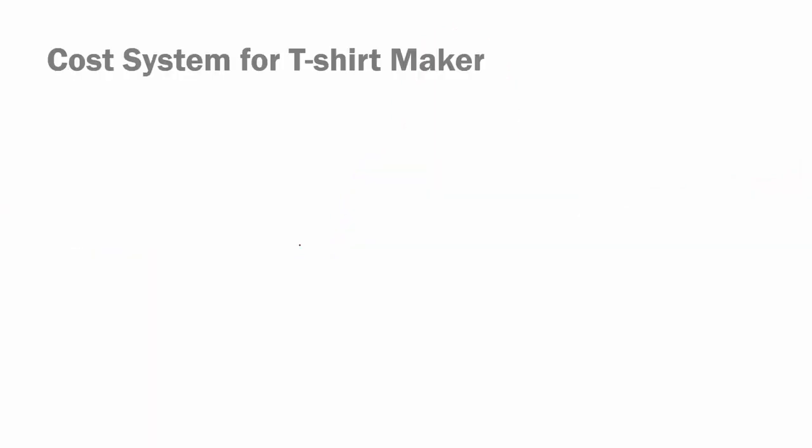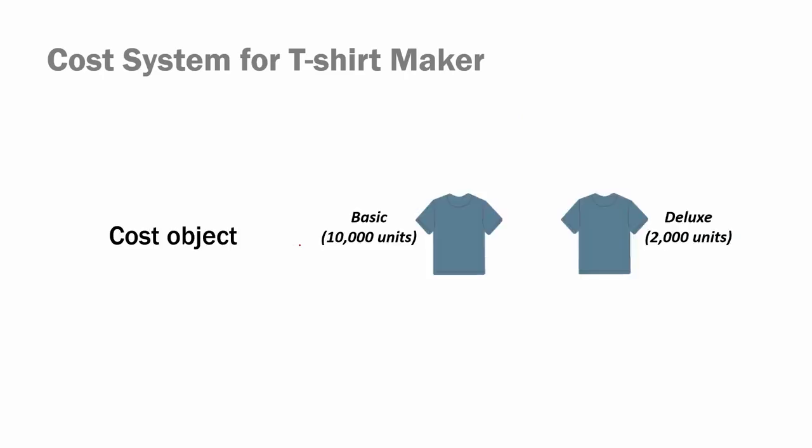Now, let's look at our t-shirt maker. Let's say the t-shirt maker makes 2 different types of shirts, a basic model and a deluxe model. So we have 2 cost objects, the basic t-shirt and the deluxe t-shirt. We can easily trace to the t-shirts the cost of the material and labor to make the shirts. But there are many more costs the company incurs.